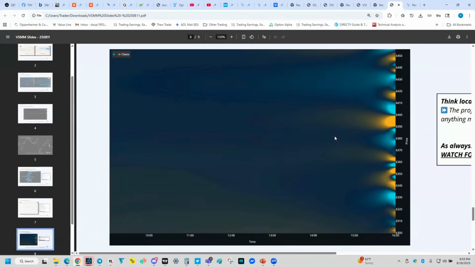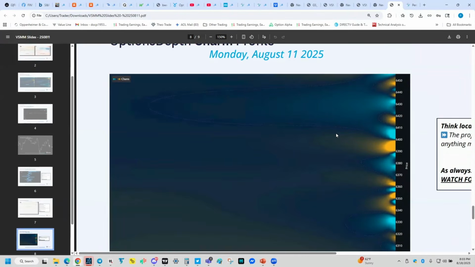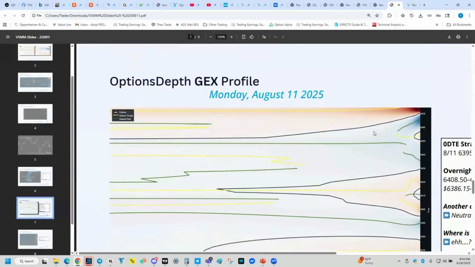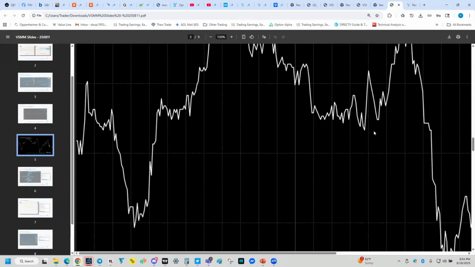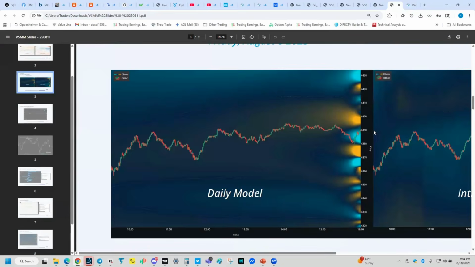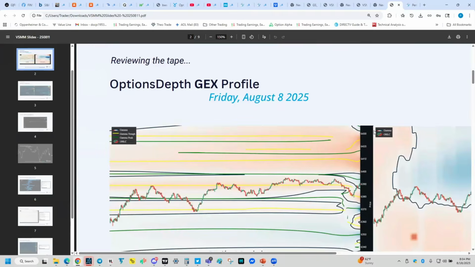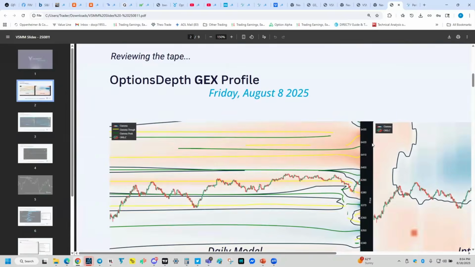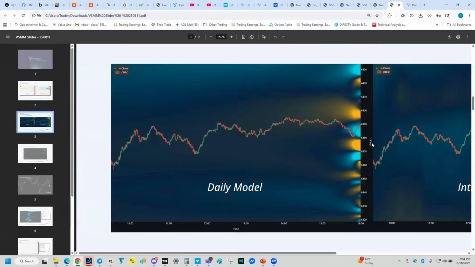Also, as the day progresses, these things change, because if an option goes from out of the money to in the money, let's just say a call, then suddenly the market makers have to start buying, and then it flips the way it goes. Now, he usually does a review of the day before where you can see what happened.